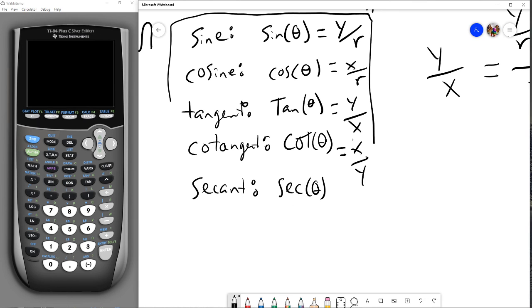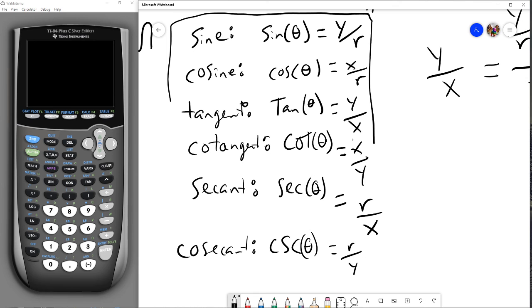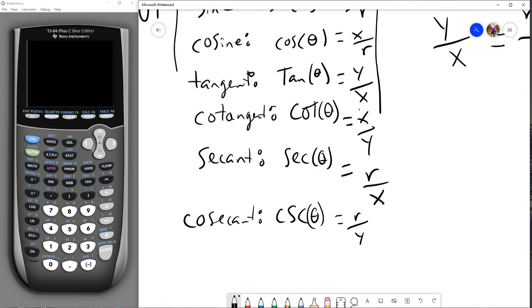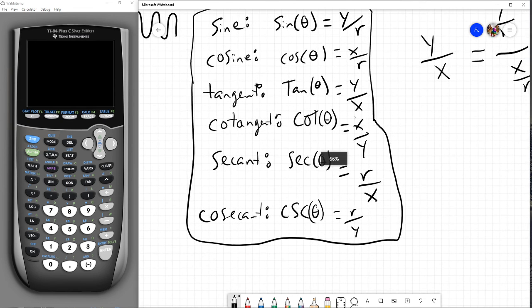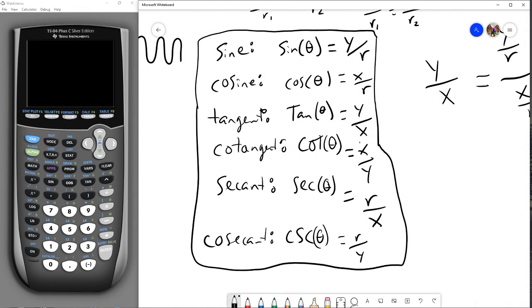Secant of theta is the ratio of r over x, and cosecant is the ratio of the radius divided by the y coordinate. So these are the 6 trig functions, and we're going to have fun with them for a very long time.